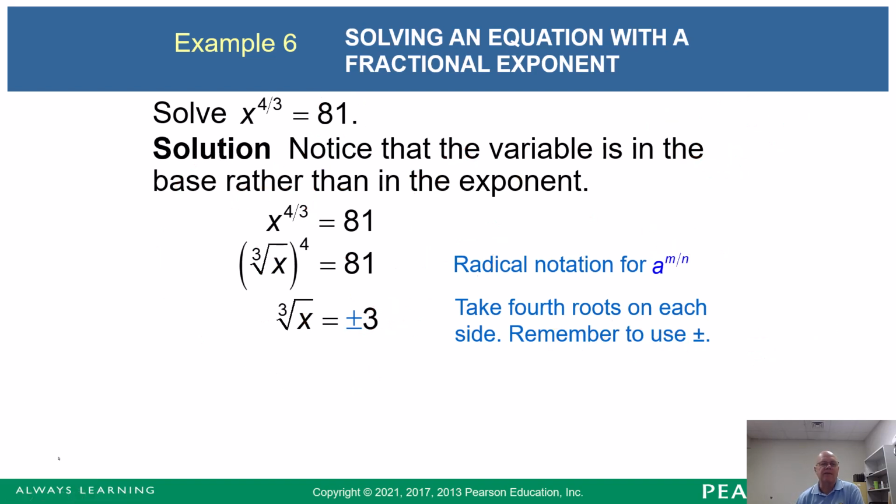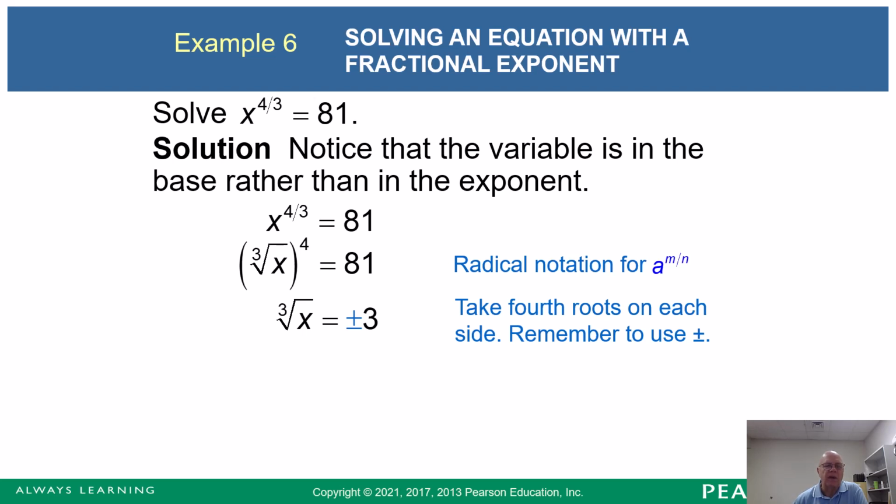Clear the ink on that slide. Now what did they do? Well, notice that they took the cube root of x and taken that to the 4th power. So here they took the 4th root of each side.